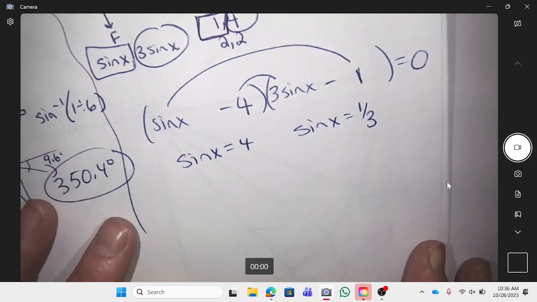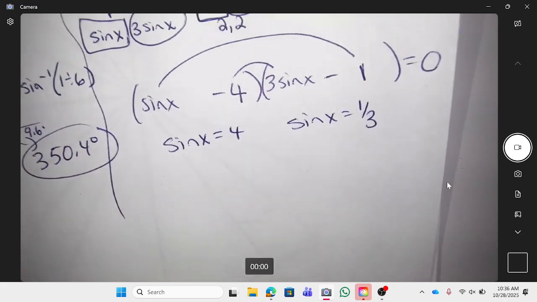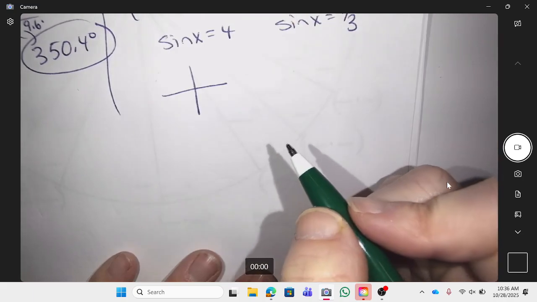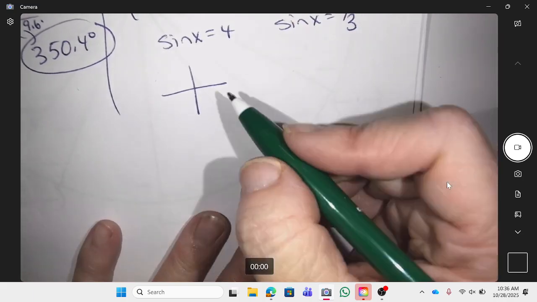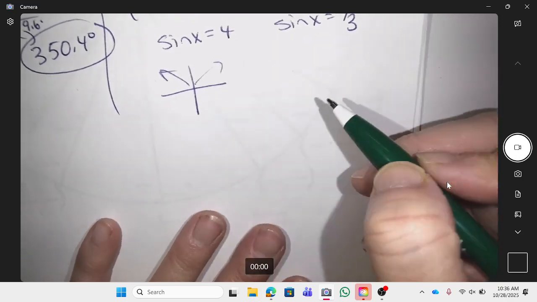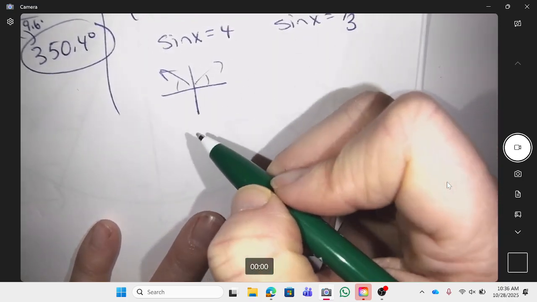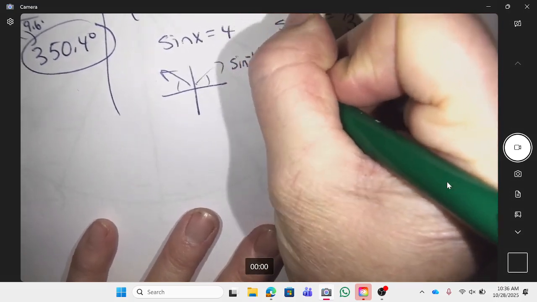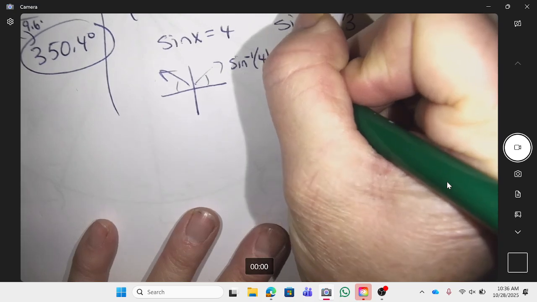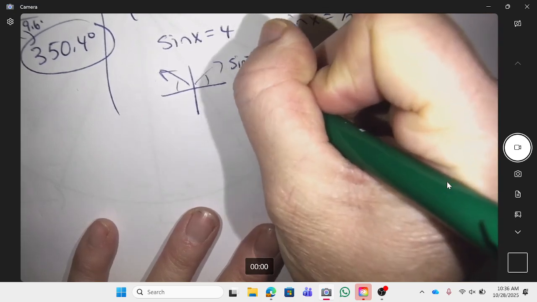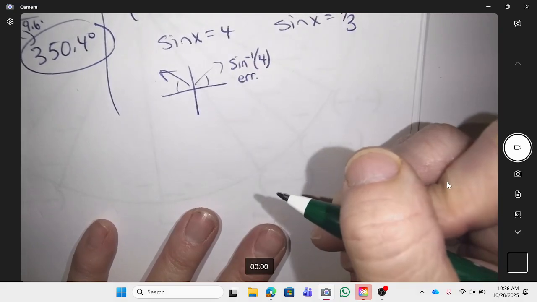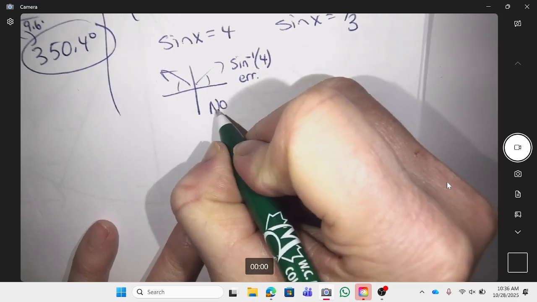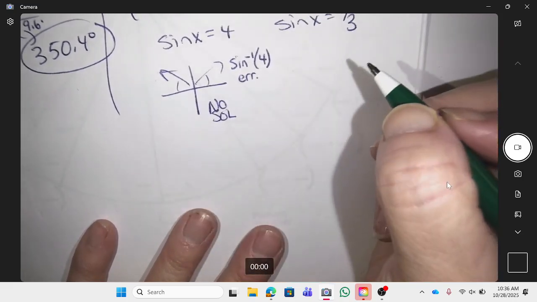Okay, so I'm just going to save you this work so we can get to some homework time. So the first thing I would have done, sine positive is in the ups. Then I would jump to my calculator to sine inverse 4, where the calculator is telling me there's an error. So I'm going to write here, there's no angle, so no solution to this.